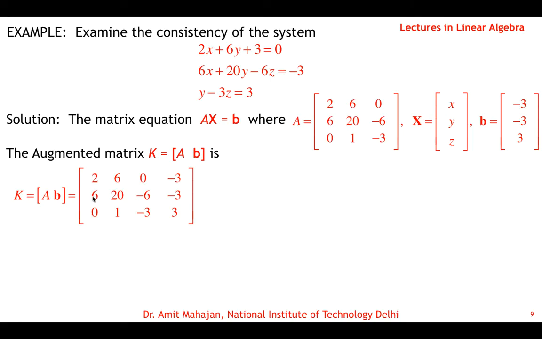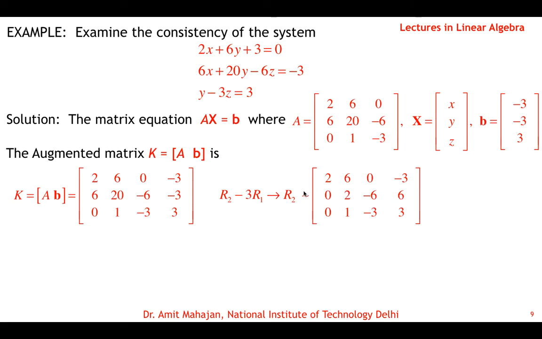We use this to make the element in row 2 zero, so we apply row 2 minus 3 times row 1, impacting only row 2. So this makes this element 0, 20 minus 18 gives 2, minus 6, and minus 3 plus 9 makes this element 6.